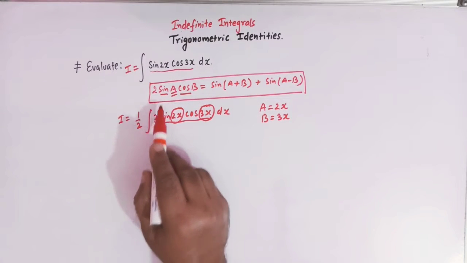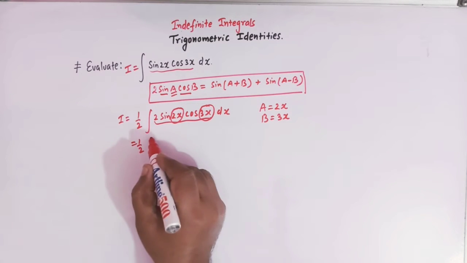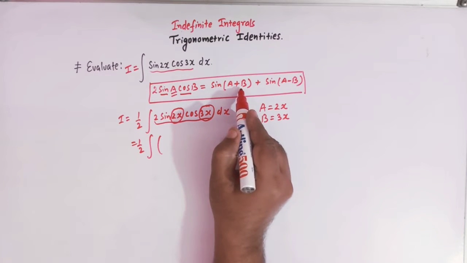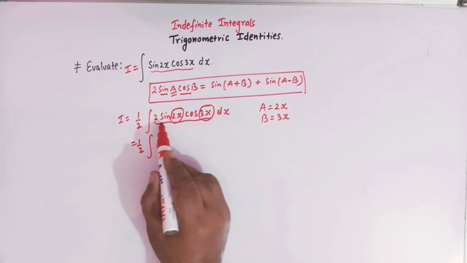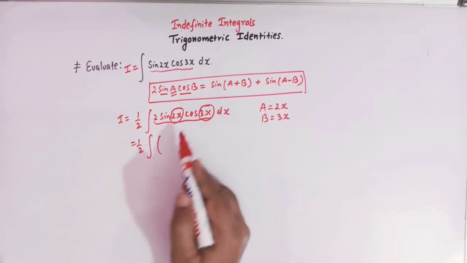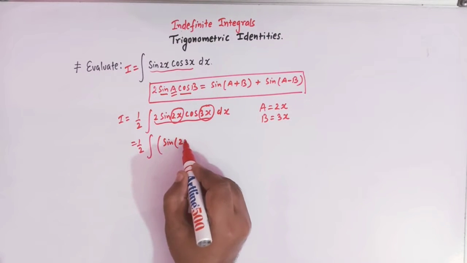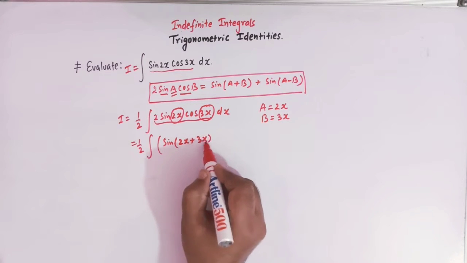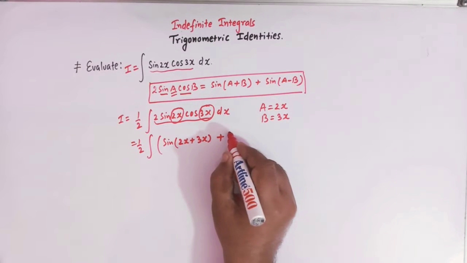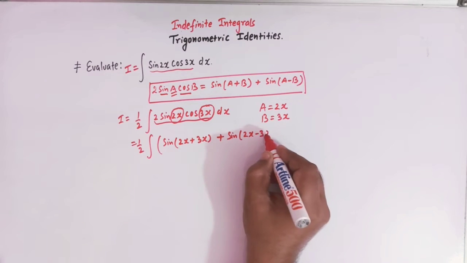Now if we apply this rule, we have half integral of sine(a plus b), because this is of the form 2 sine a cos b. Here a is 2x and b is 3x, and then we have sine(a minus b), so sine(2x minus 3x).